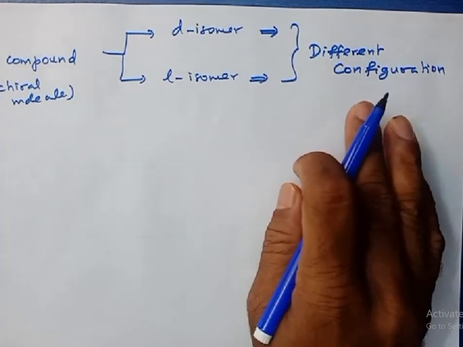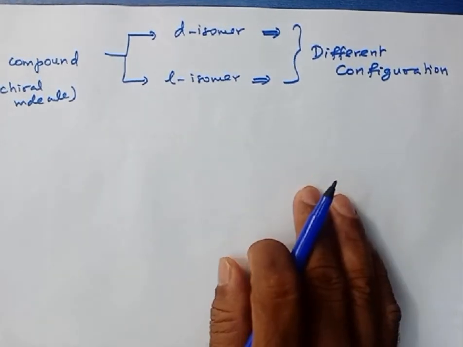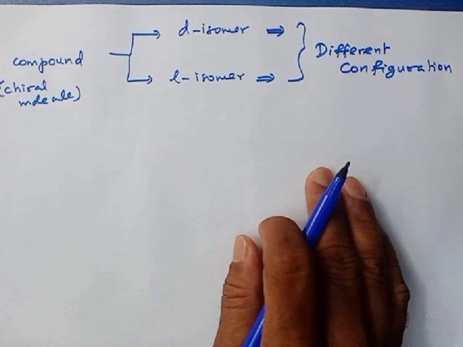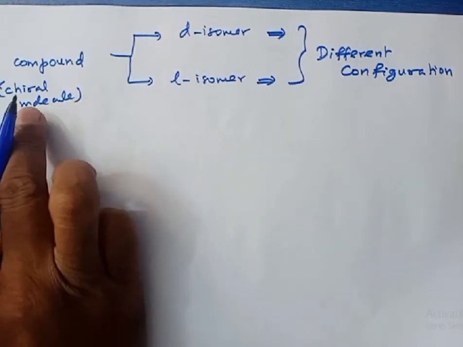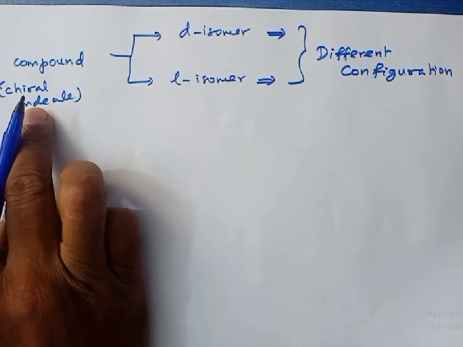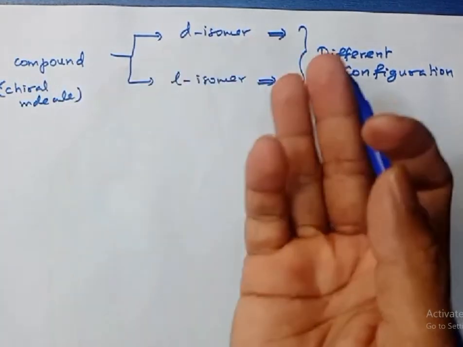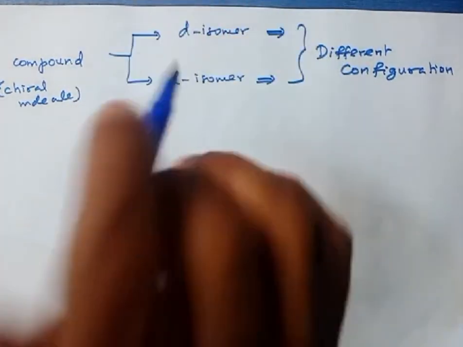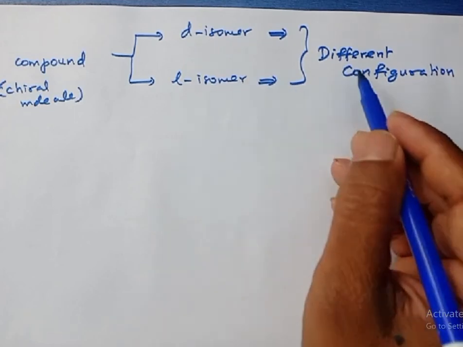There is a method available to find the configuration, but we will not go into that. A compound, if it is a chiral molecule, then two isomers are possible, D and L. Sometimes meso is also possible, but generally two isomers, D and L. The D isomer and L isomer have different configuration.